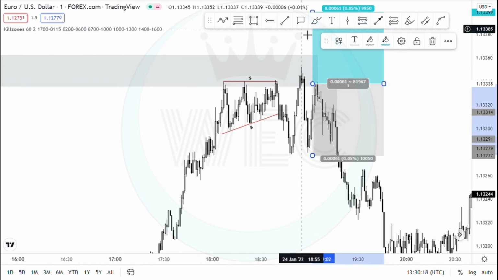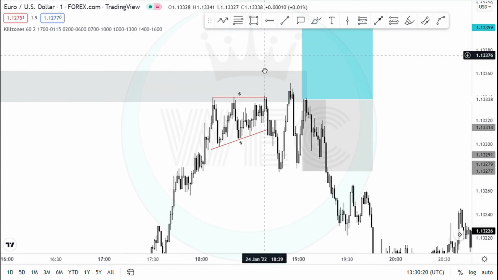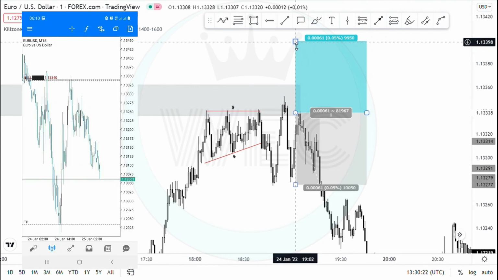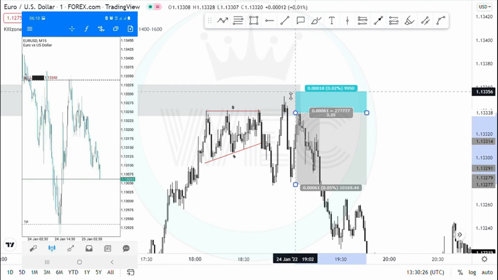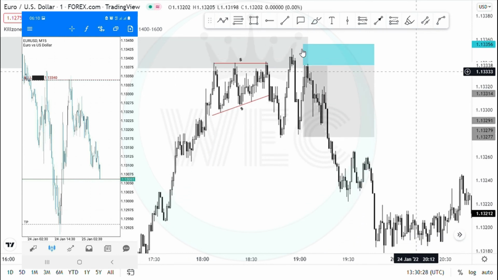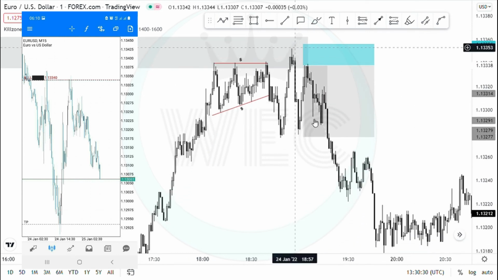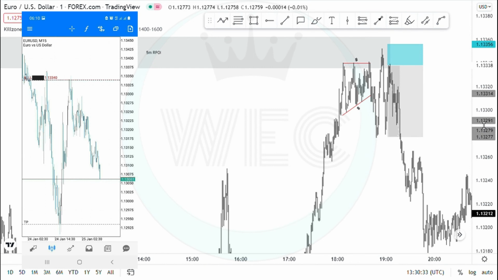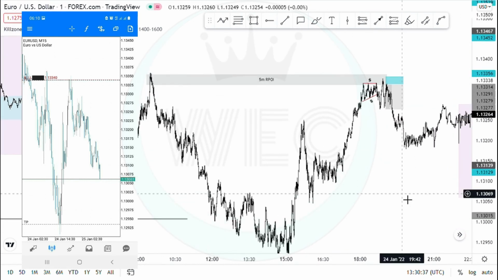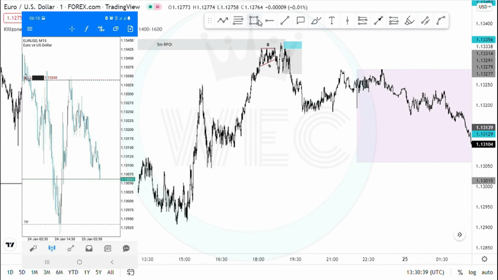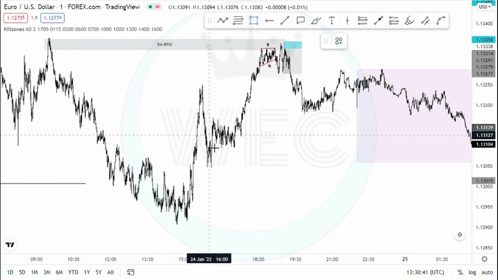I'll be leaving a screenshot of my trade on the screen. On the left side of the screen, my stop loss was 1.8 pips. You can see it's above structure. 1.8 pips, and my target. I skipped this, but there was some 5-minute demand somewhere here.